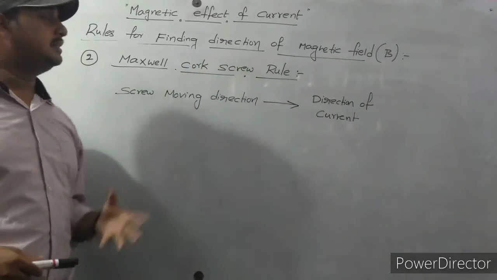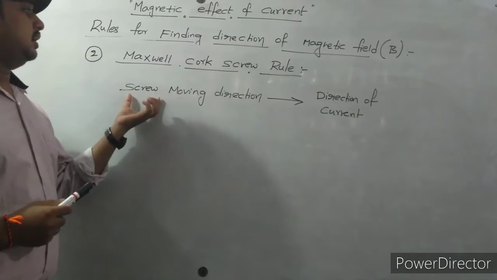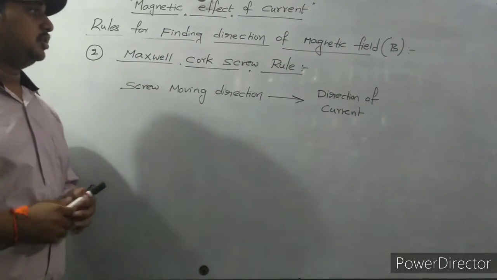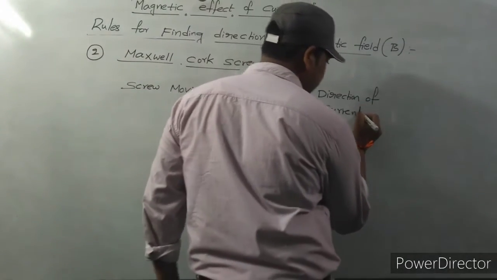Maxwell's corkscrew rule. This is the second rule, Maxwell's corkscrew rule. Here, the screw moving direction indicates the direction of current.